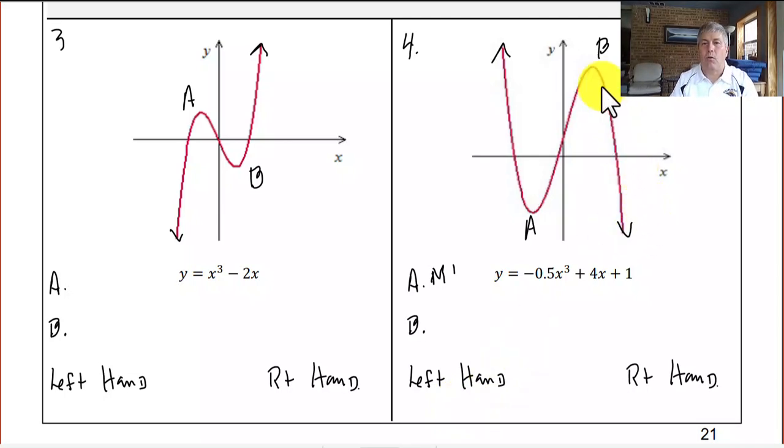Let's take real quick, since we've got this here, a look at our left-hand behavior in this odd degree polynomial. Our left-hand behavior is going to positive infinity, and our right-hand behavior is the y values are going to negative infinity.